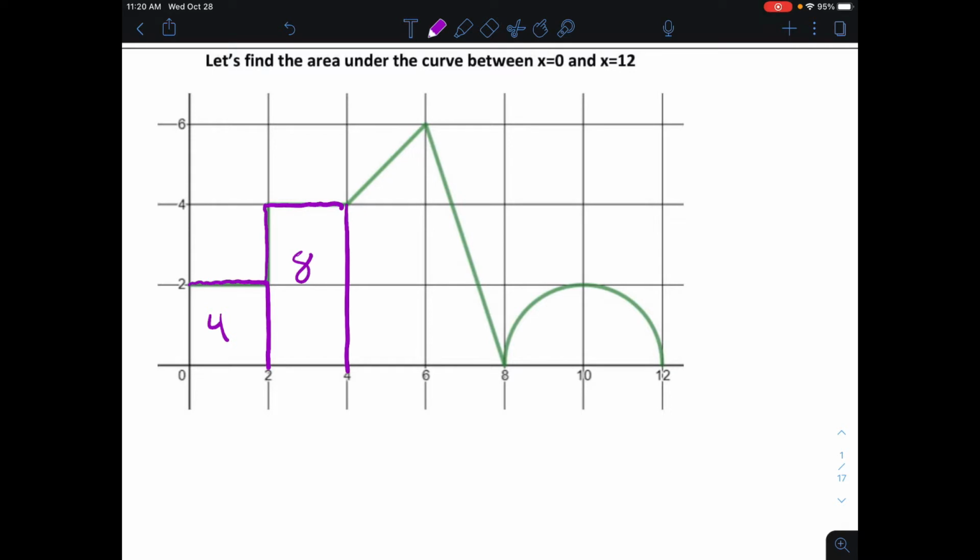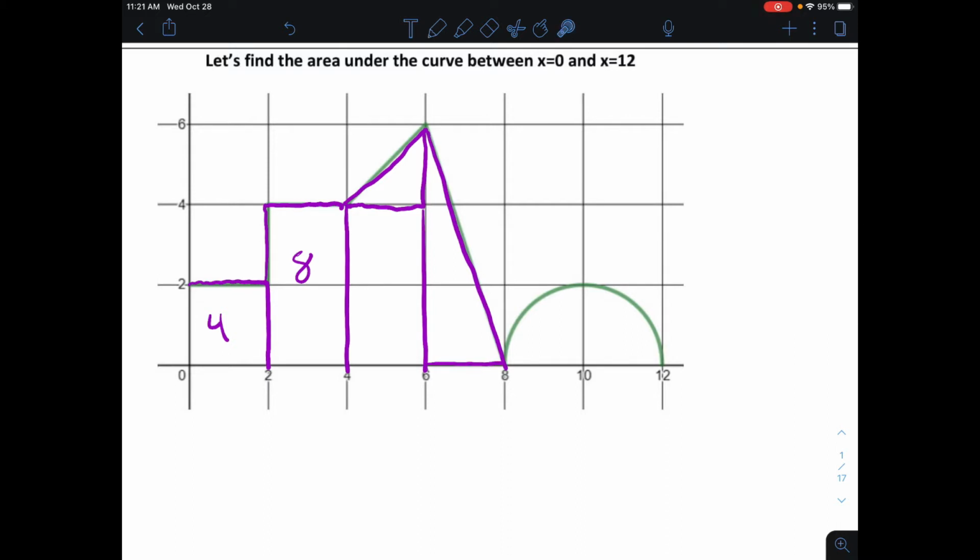And then we reach this next part here, which is initially not an easy shape to work with. However, if we break this thing apart into individual pieces, we have a triangle here on the left-hand side, and then we have a rectangle, and then we have another triangle.